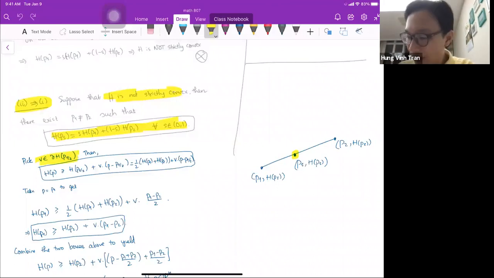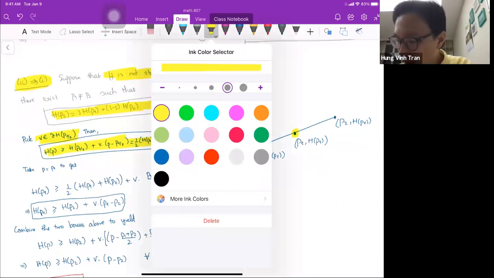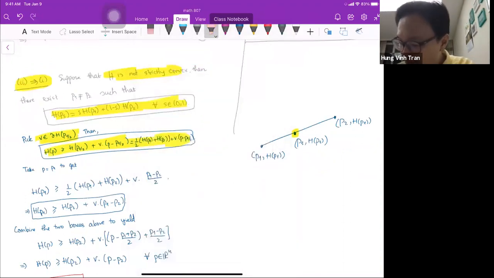Then you write out the definitions, right? This is just the normal definition, because h of p is always greater than or equal to the right hand side. Not a big deal here. Everything is normal. And then in particular you pick p equals p1 in the above relations. You just replace p to be p1 here. So if you take p to be p1, clearly you have h of p1.